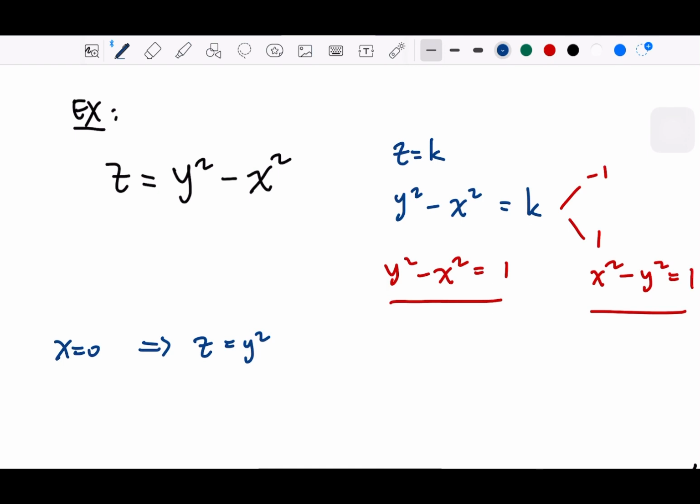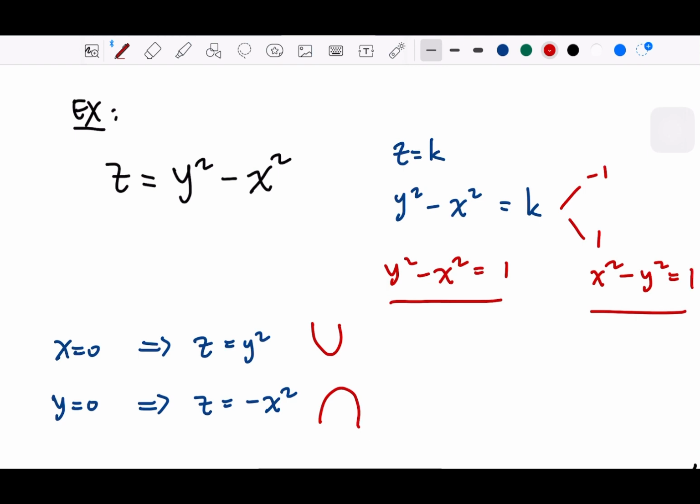Okay, and y equals 0, and we get z equals negative x squared, right? So we are going to see one parabola will be on this side and the other one will be on this side, right?